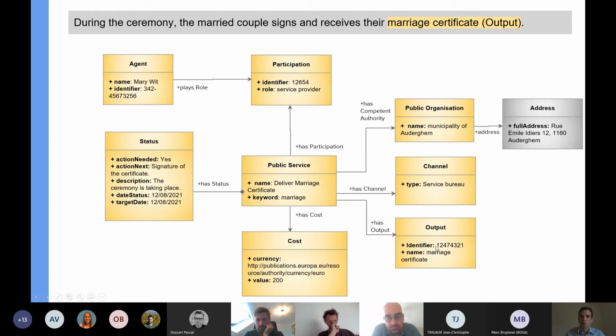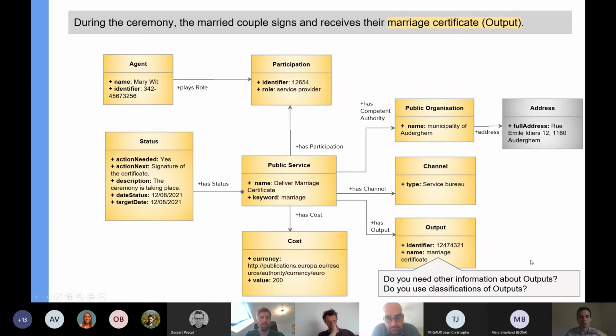We have also put a random identifier of this output. So if you don't think it's needed, feel free to raise it. But in general, do you need more information about this output, like a description or other types of attributes for describing the output of the public service?